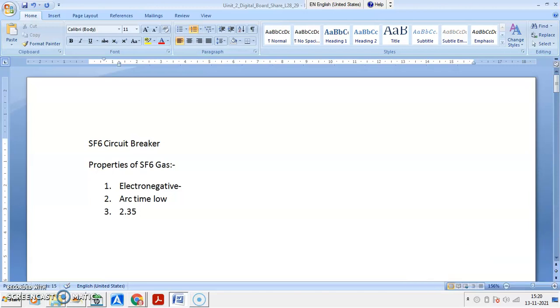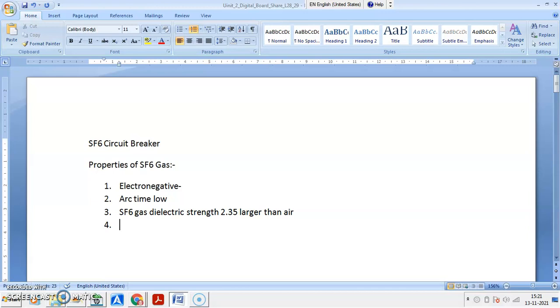At this atmospheric pressure, the dielectric strength of SF6 gas is 2.35 times larger than air. Okay, so you will have arc extinction 2.35 times faster than that of the air circuit breaker.